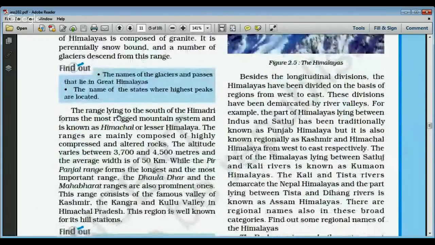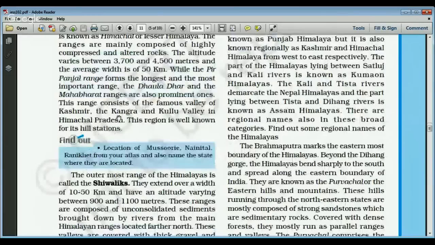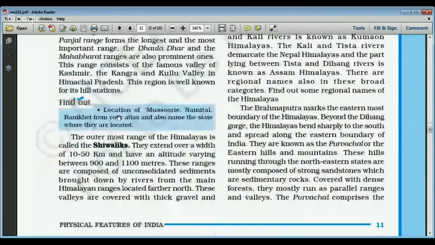But the average altitude of the Himachal or Lesser Himalaya is around 4 kilometers, and the width is around 50 kilometers. The outermost range of the Himalayas is known as the Shivaliks, and they extend over a width of around 10 to 50 kilometers and an altitude of around 1 kilometer.